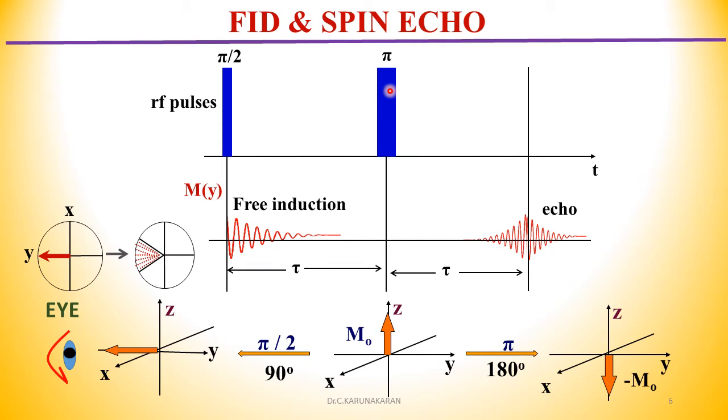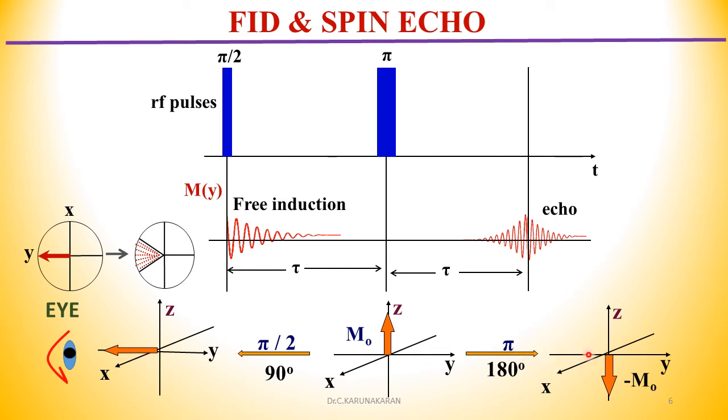Now let us see, once after the pi by 2 pulse, it comes back to the equilibrium, thermal equilibrium position, and the net magnetization is along the Z direction. The pi pulse is now applied, as you see here. Now when you observe along the minus y axis, there will be no magnetization, because the magnetization is now along the minus z axis.